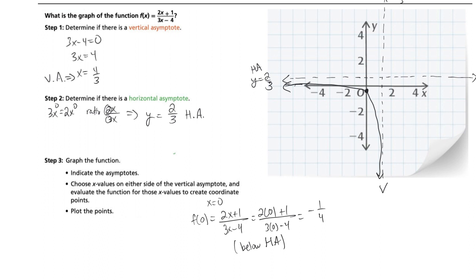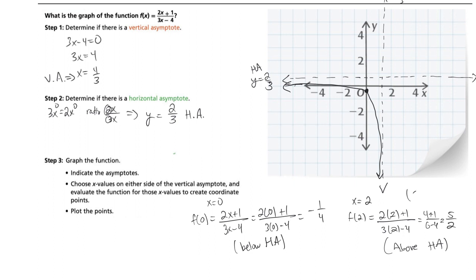Now we need to test something to the right. So we can say x equals 2. So f of 2 is equal to 2 times 2 plus 1 over 3 times 2 minus 4. So we get 4 plus 1 over 6 minus 4, so we get 5 over 2. We'll plot that, and that's going to be above the horizontal asymptote.